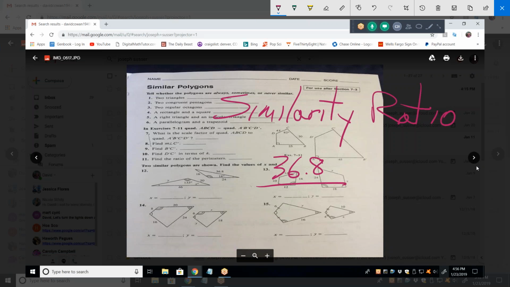No, over 46. In other words, you've got to make the ratio between the corresponding sides. Well, that 36.8 is opposite that same angle, the 133 degree angle, that the 46 is opposite.